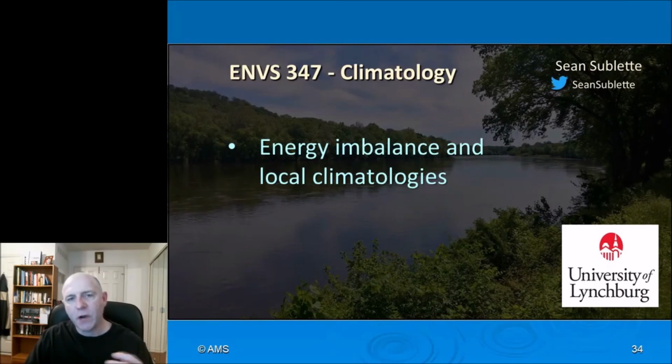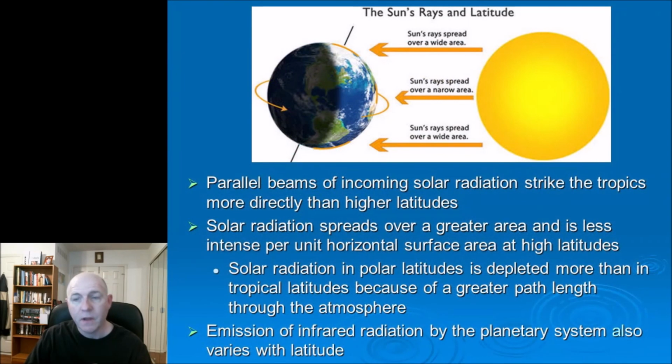So then how do these imbalances play into local climatologies? What determines the climatology of a specific location? All right, go back to think what we discussed a couple of lectures ago regarding where you are on the planet regarding latitude. I mean, that's a huge, huge thing, just like you remember from grade school.